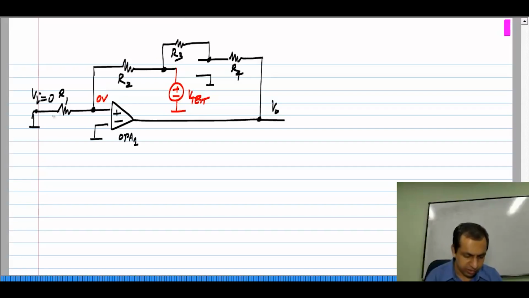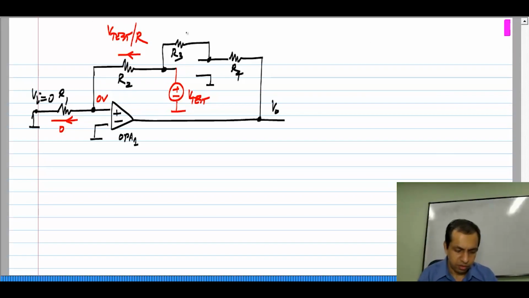But if that is the case, the current here is 0 and the current over there, we have V test on this side, 0 volt on the other side, it is V test by R. Okay. And nothing flows into the op amp. So, you can see that Kirchhoff's current law is violated at this node.